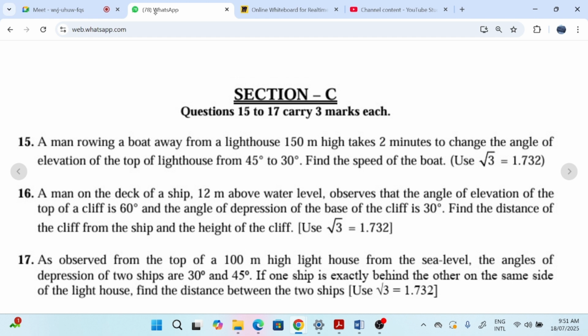Kids who are done with the 17th question, please do 18th and 19th. I want everybody's working for 17th.